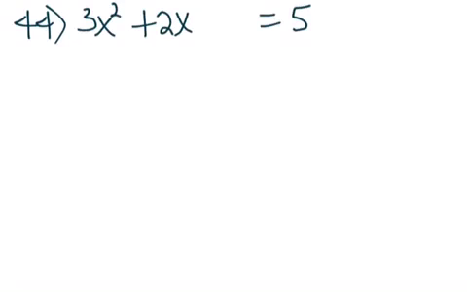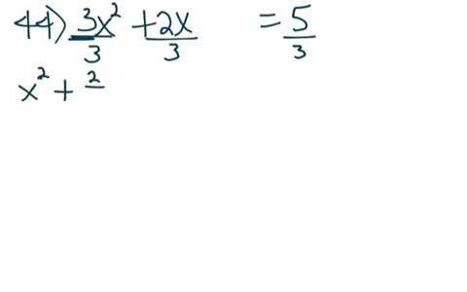Then the first step after that is make sure that the coefficient of a, or the coefficient of x squared, is 1. It is not, so we need to divide everything by 3. So our equation is x squared plus 2/3 x plus, we don't know yet, equals 5/3.